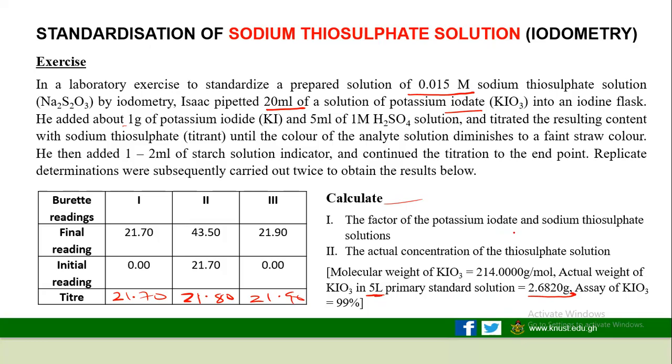Now, right after getting the factor for the primary standard, we can get the factor for what? The secondary standard. That is, we say C1, V1, F1 is equal to C2, V2, F2. So this is it, right?